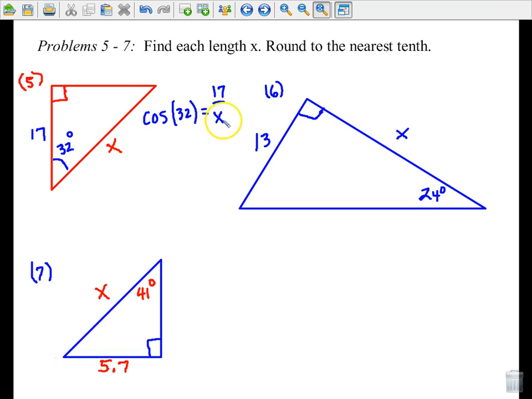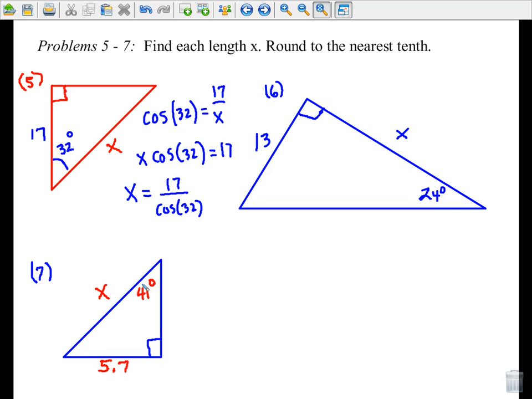Okay, so I'm trying to solve for x, and solving for x algebraically, it would look like this. I just multiplied by x on both sides, and now I'm going to divide by cosine 32 on both sides. And I would literally enter it into your calculator like this.